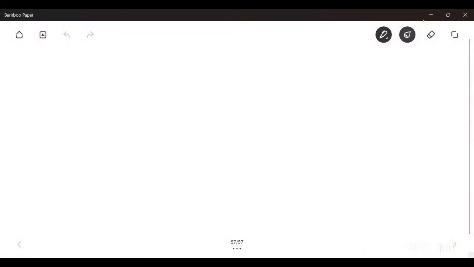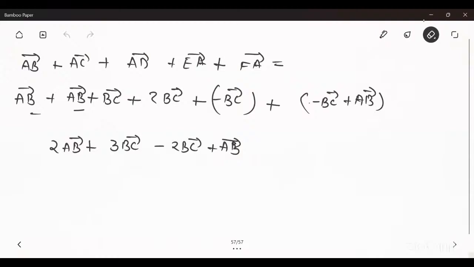So if you put here CD vector, the value of CD vector is BC vector minus AB vector. So you will get AB cancelled by AB, BC cancelled by BC.